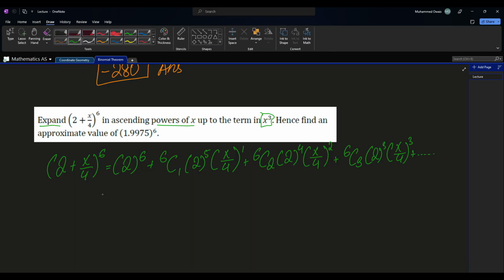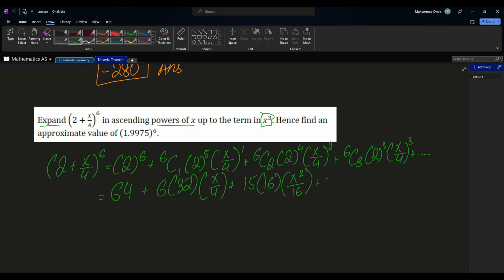Now then, let us solve this. So 2 power of 6 gives us 64, plus 6c1 is 6, 2 power 5 is 32, and into x over 4, plus 6c2 is 15, into 2 power 4 is 16, and then lastly x over 4 squared is x square over 16 as well.